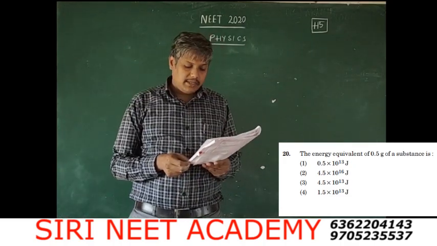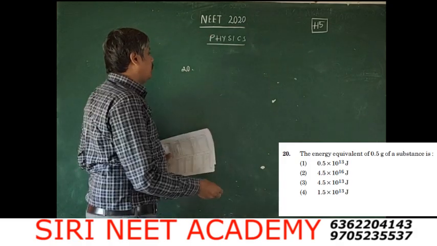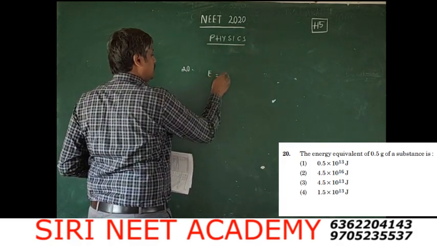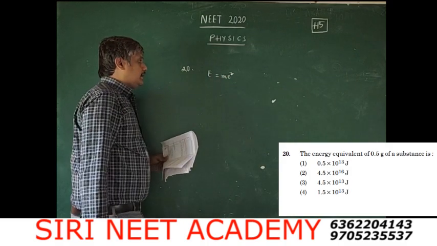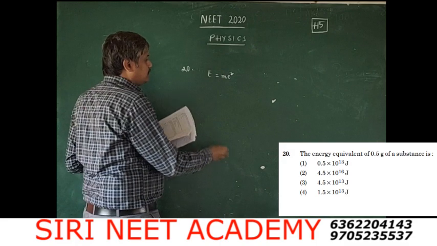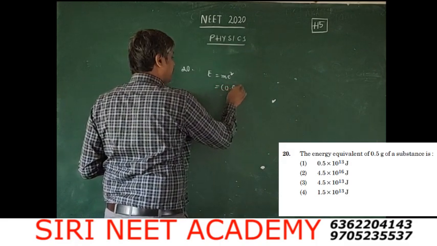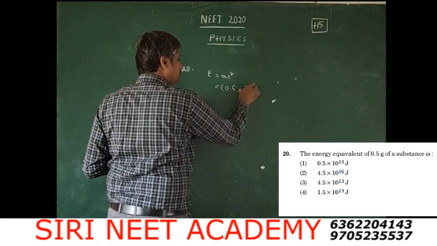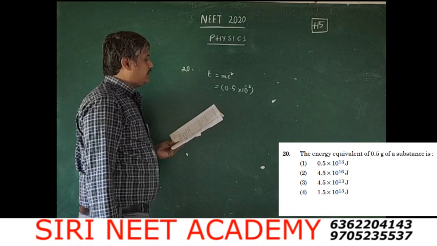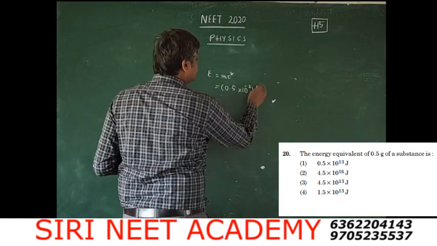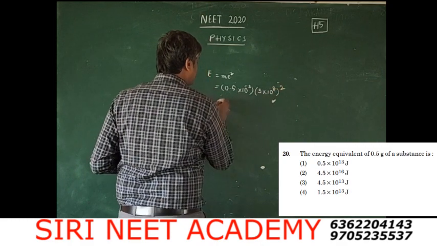The energy equivalent of 0.5 gram of a substance is, we know Einstein's energy equivalence equation, E equal to mc square. So m is given to be 0.5 gram, so converting to kilograms, it is 0.5 into 10 power minus 3, and c is 3 into 10 power 8, whole square.